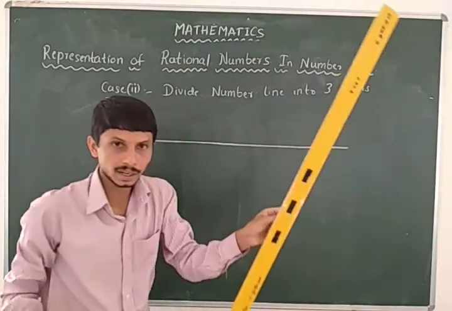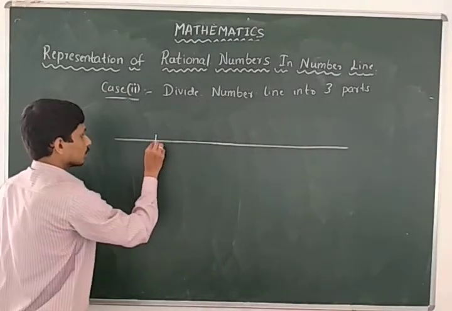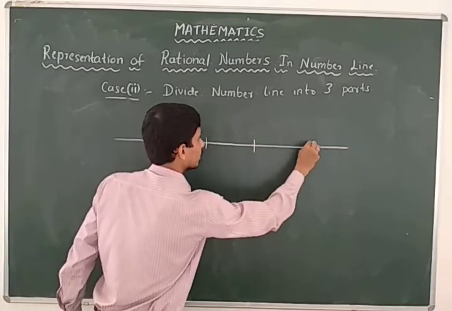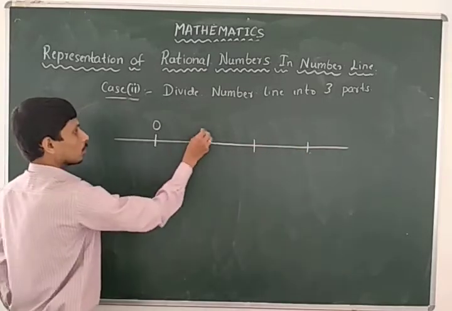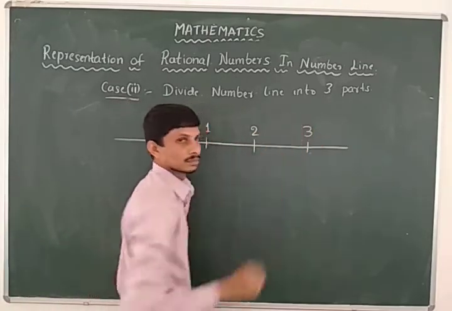We have to draw a number line here, and we have to divide this into three parts, 1, 2 and 3. So 0, 1, 2 and 3.